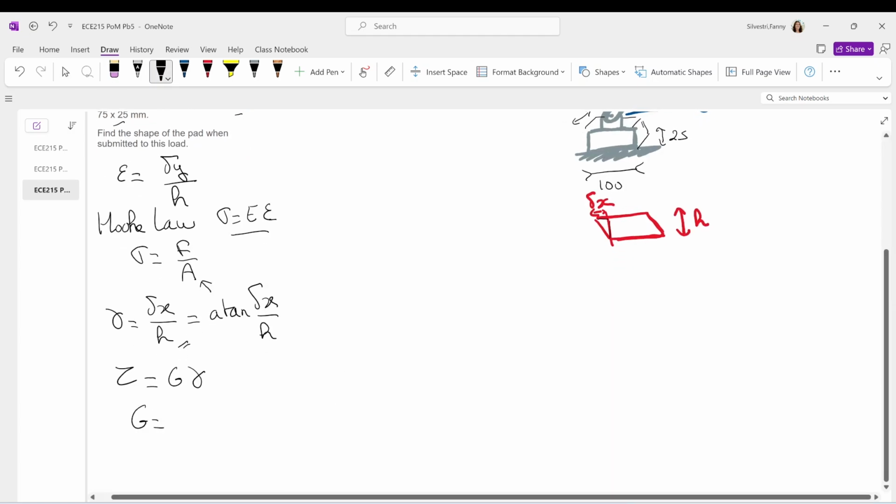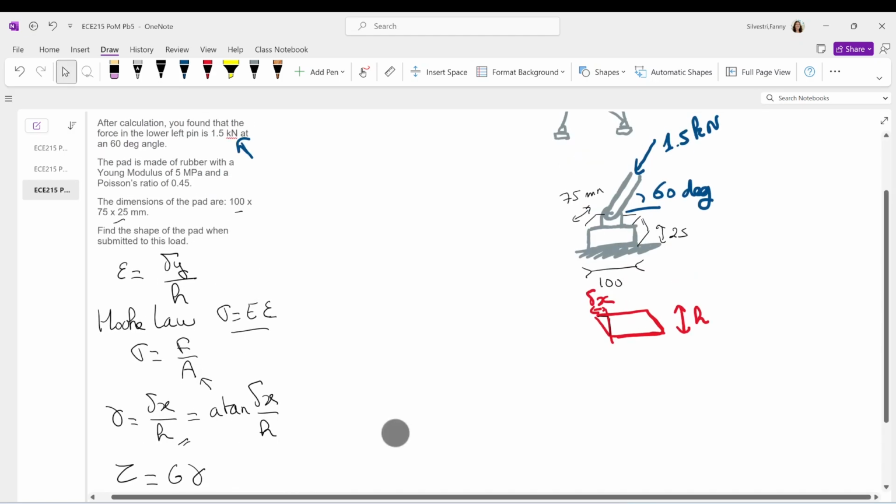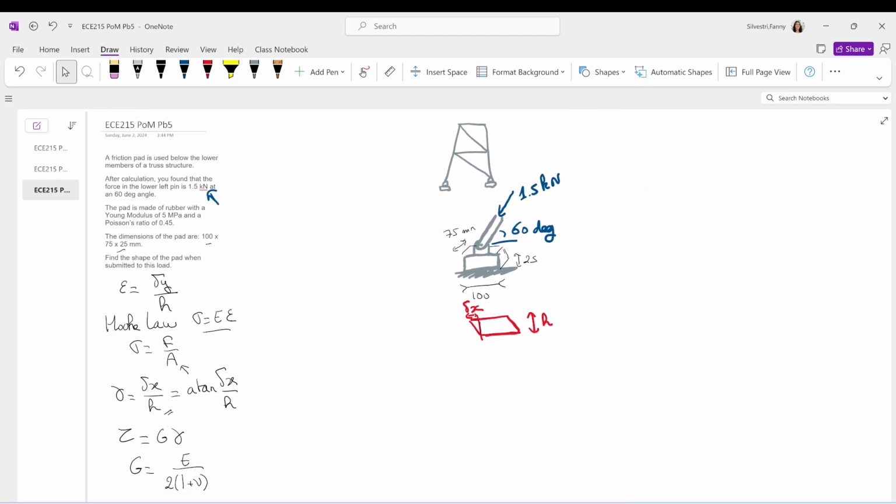That's the long formula: E divided by 2 times (1 plus mu). And mu is given. That's why we have the Poisson coefficient in this example. I'm starting to go a bit everywhere, but I think we have the Poisson ratio and the modulus, so we can find G.